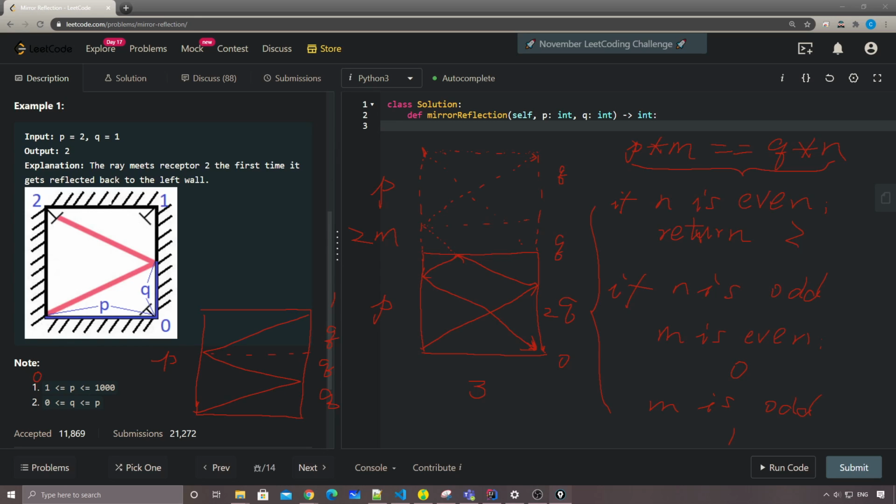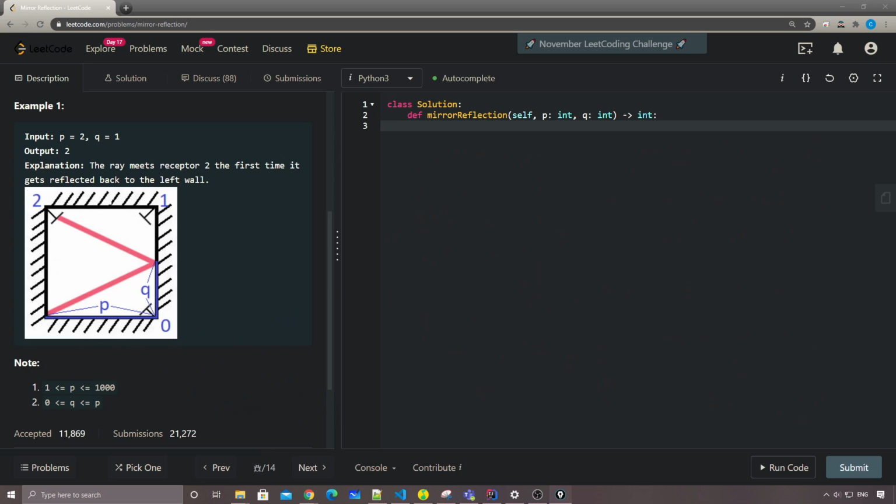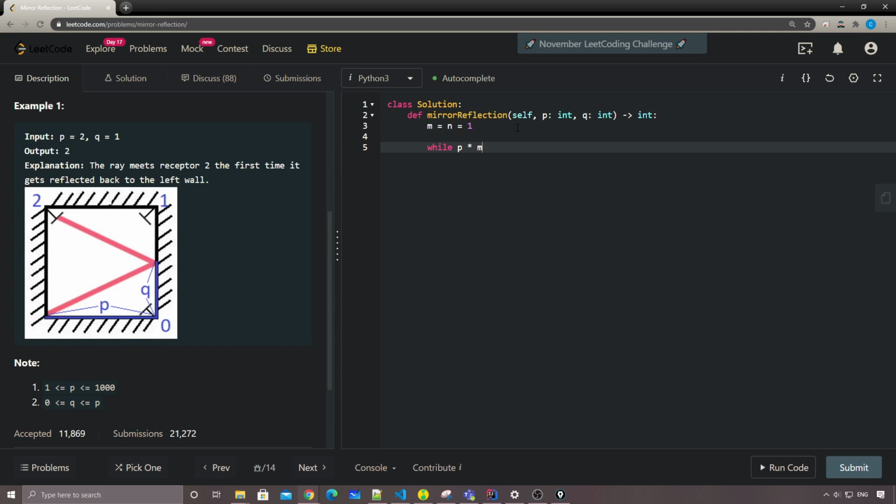To calculate that, let me start coding here. It's just similar to how we calculate the GCD, the greatest common divisor. So we do this while p times m is not equal to q times n, right?